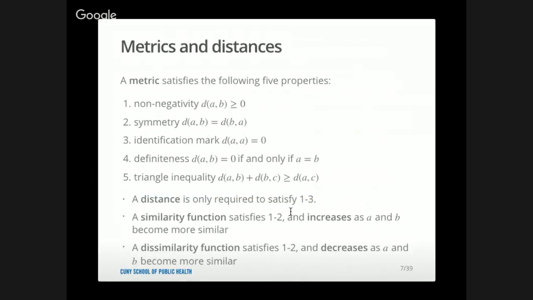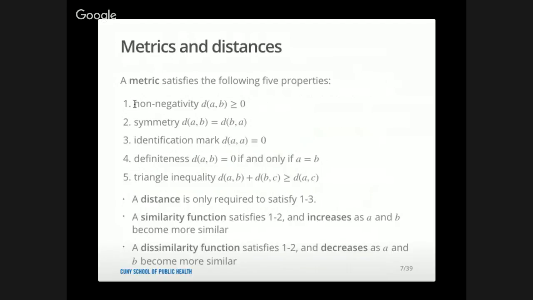Just so that you're aware of terminology, you will hear discussions of metrics and distances. And a metric is a very specific mathematical definition. It satisfies these 5 properties.